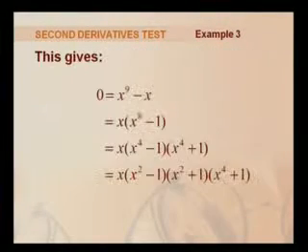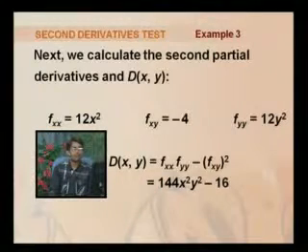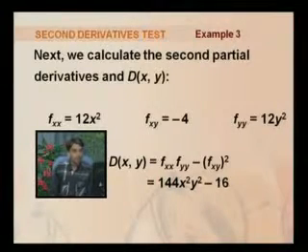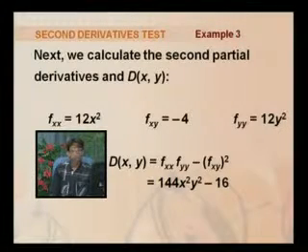The value of D, which is Dxy, is equal to fxx into fyy minus fxy square, which we have already remembered with the use of the determinant. So fxx is equal to 12x square, fyy is equal to 12y square, and fxy is equal to minus 4.